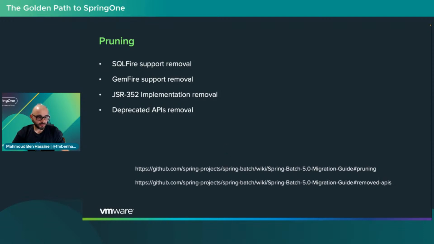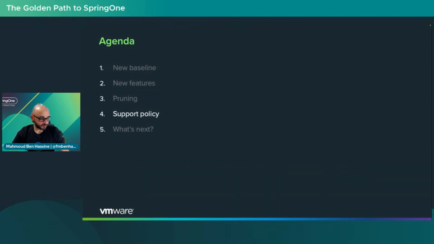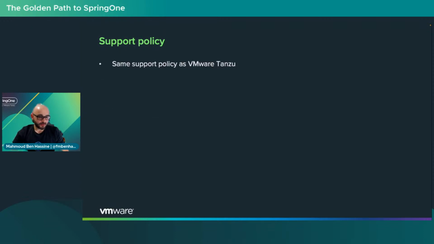So that's for pruning. Now we'll talk a little bit about the support policy for Spring Batch 5 and most importantly, Spring Batch 4.3. So the support policy is the same as all projects in the portfolio, which is the VMware Tanzu support policy. Basically, it's 3 years of support for major releases, 1 year of support for minor versions.